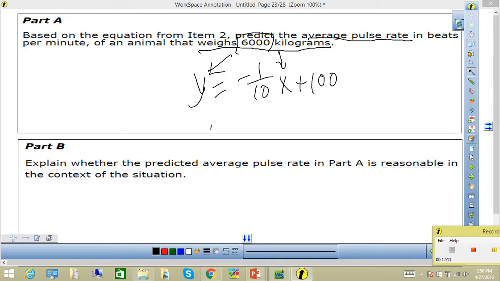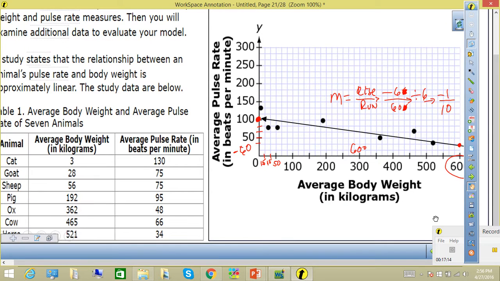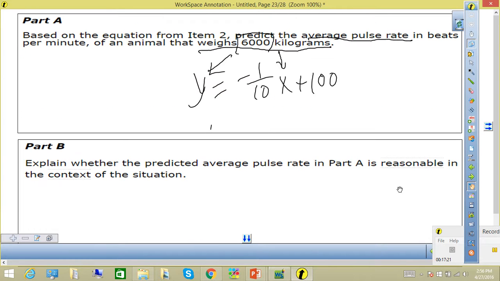Let me go back to the graph so that you guys can see that, and maybe that helps you out. All right, help us out, James. Which one? The y? Okay. Let's find out. This says 6,000 kilograms, which is weight. Let me go to my graph.